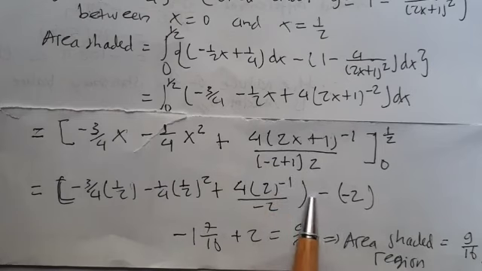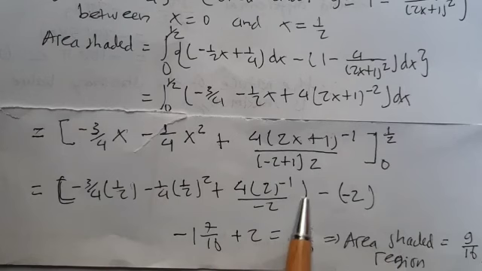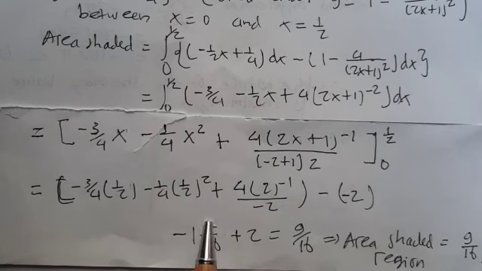You can calculate this part, it will be minus 7 per 16, minus 2 plus 2, thus 9 over 16. Thus the area of the shaded region equals 9 over 16. Thank you.